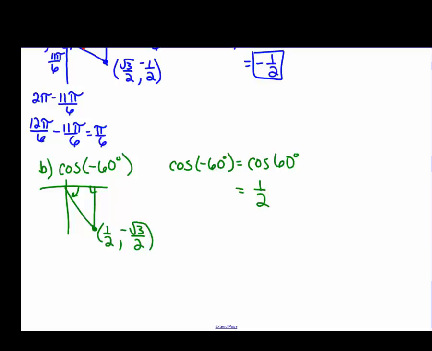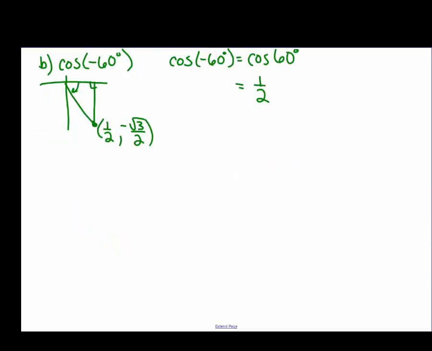All right, and then finally, let's take a look at part C, where we are finding the tangent of 17 pi over 6. And so if we subtract a full circle from 17 pi over 6, that's 12 pi over 6. So when we subtract that, we get 5 pi over 6.